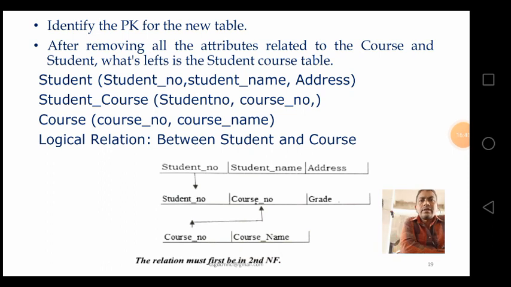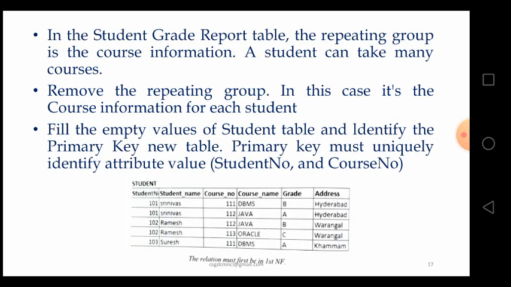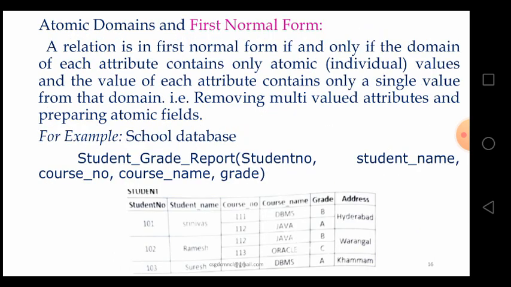Once again I repeat the first normal form and second normal form. The relation is in first normal form if and only if the domain of each attribute contains only individual values, and the value of each attribute contains only a single value from that domain, that is removing multi-valued attributes and preparing atomic fields.